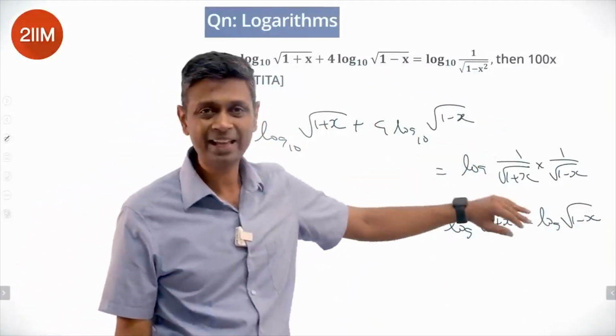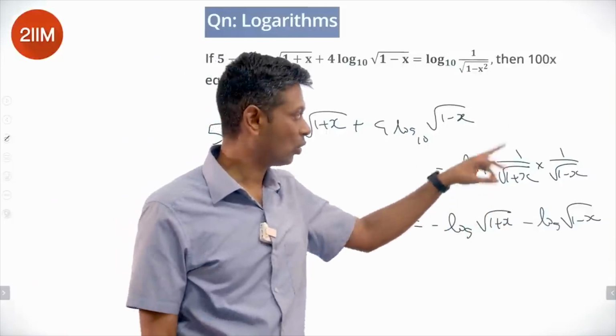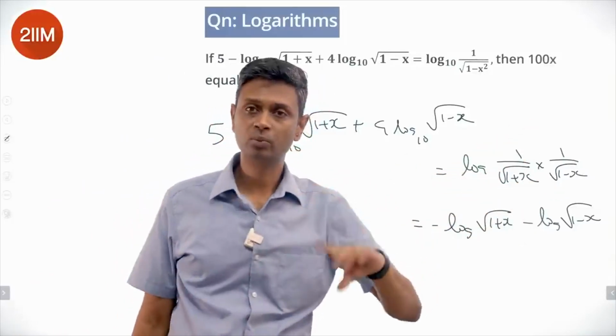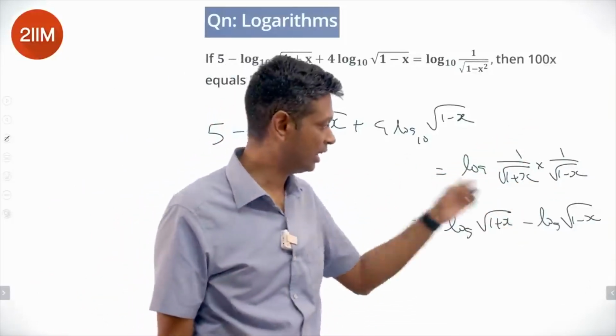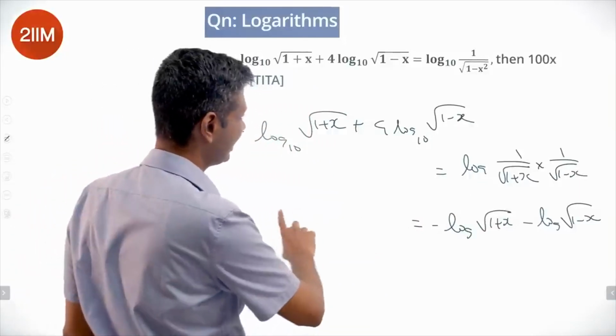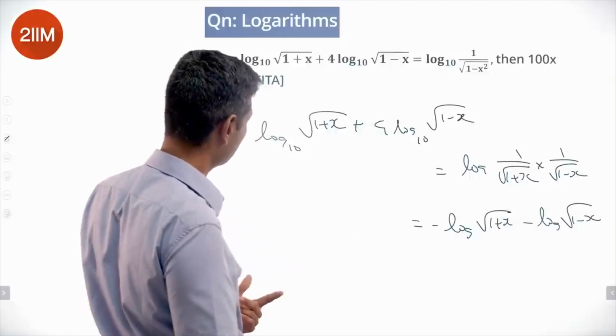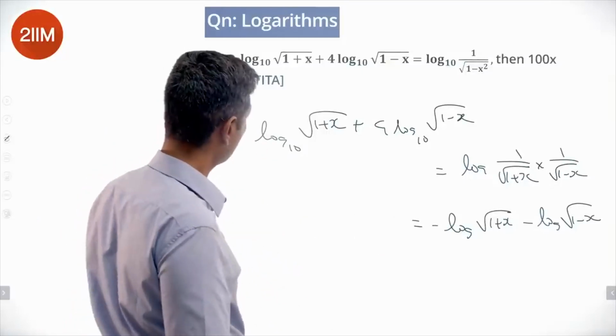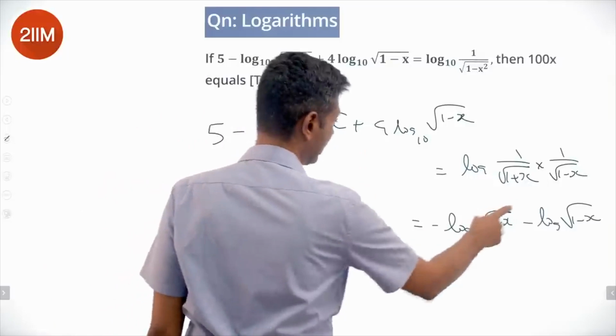Log of 1 by A is minus log A. Log of 1 by B is minus log B. 1 by B is B power minus 1. The idea we're using here. So I can move some logs this side or everything that side. I can shift something around. Minus log of 1 plus x minus log of 1 plus x. These two will get cancelled.